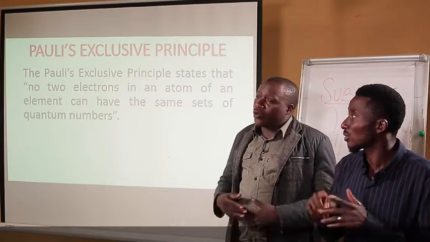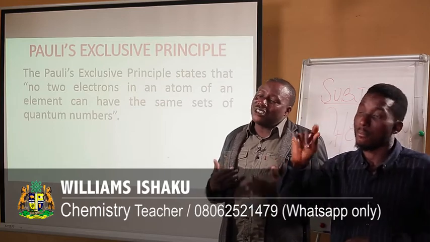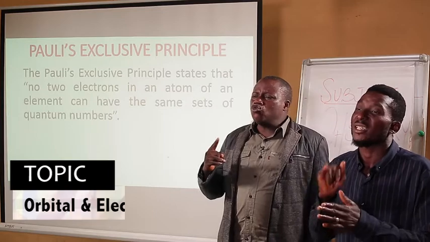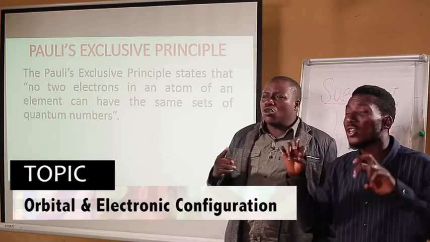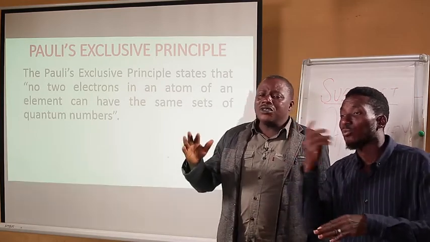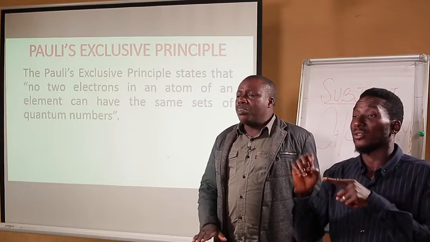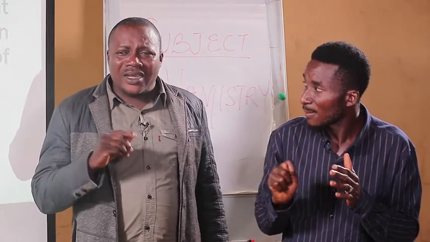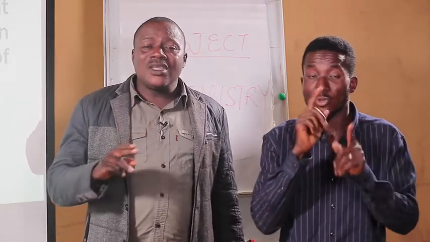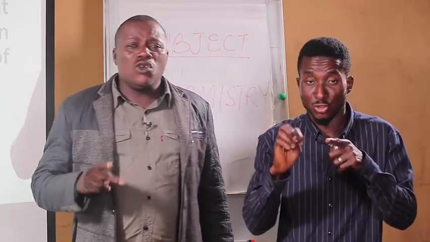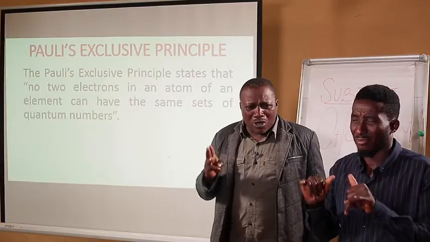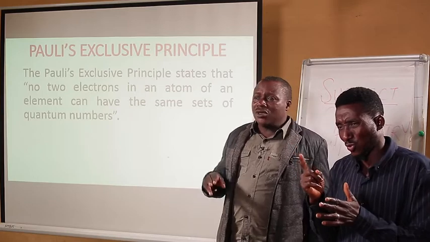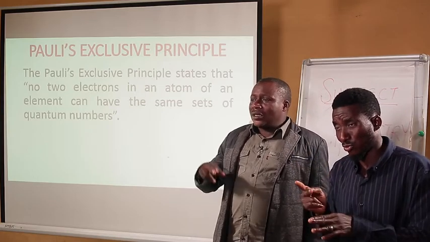Next to that is what we call Pauli's exclusion principle. And what is this principle saying? It's saying that no 2 electrons in an atom will have the same set of 4 quantum numbers. These are the principal quantum number, the azimuthal quantum number, the magnetic quantum number and the spin quantum number.